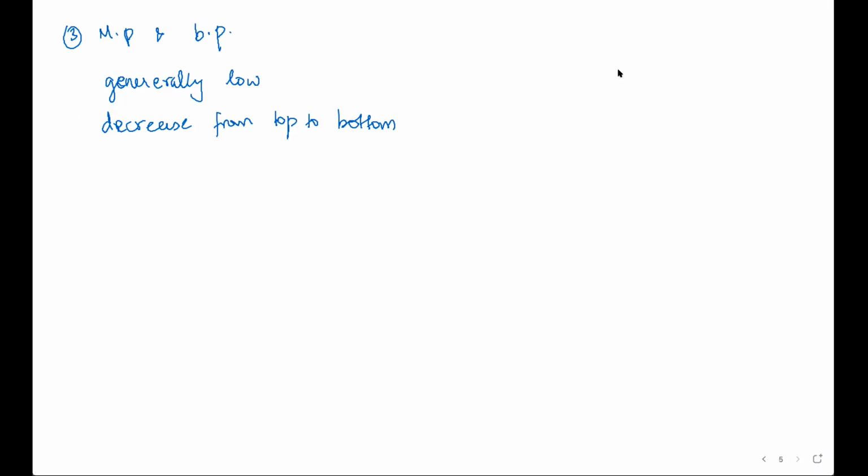When it comes to group 2 elements, the trend is not very regular. For example, magnesium, which is somewhere in the middle, has the lowest melting and boiling points. Why is it not regular?